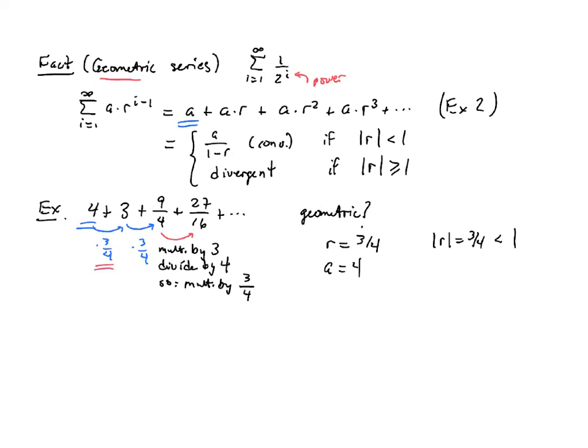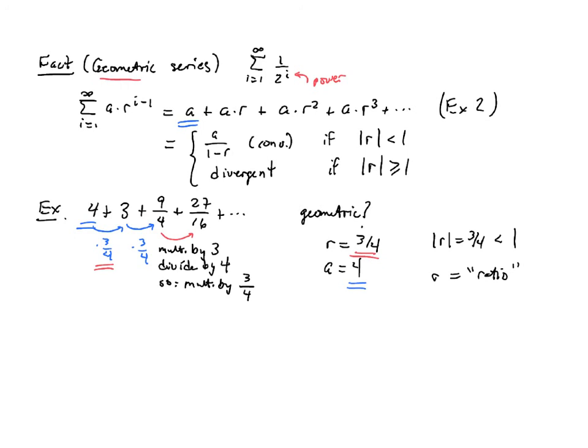So r is the number that we multiply at each step, and a is the first term that we have in our series. And I should say that the letter r is short for ratio, because if you take the ratio of successive terms in the series, you get r each time.